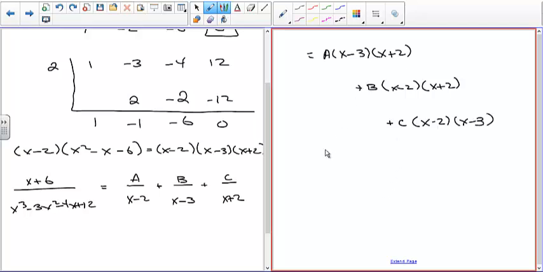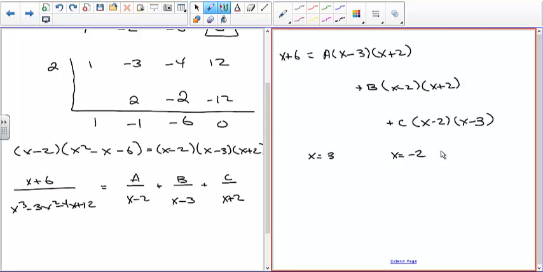Now you may be tempted to multiply all that out. And remember, this is equal to x plus 6. But it's better if we choose x equal to 3, x equal to negative 2.